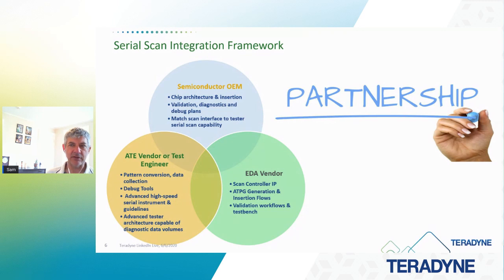And then the ATE vendor and/or test engineer are responsible for pattern conversion and data collection, providing debug tools to bring up the device, providing the advanced high-speed serial instrumentation and guidelines like DIB routing guidelines to make sure that you achieve the signal integrity, make sure you map to the resources that have the adequate depth behind them, and support any specialized modes that might need to be used.